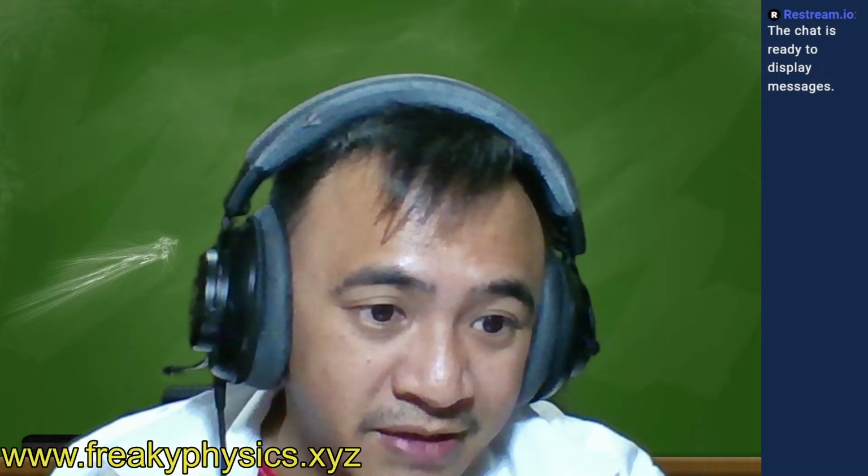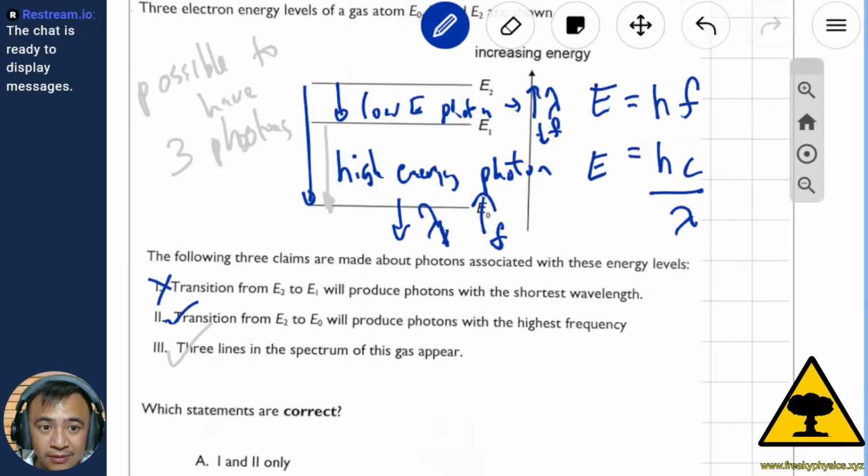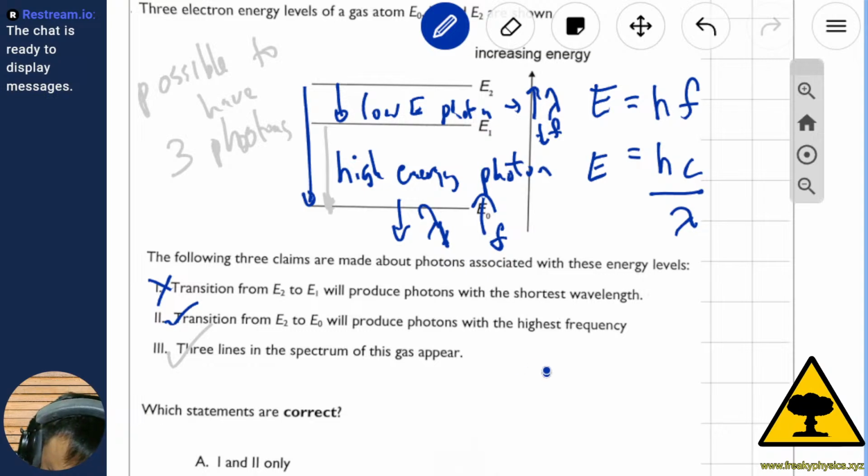Hold on. Actually, no, the other way around. Let's do it in terms of the formula first. Let's go back to the board, and let me share the board with you as well. Remember, the speed of a wave will always be equal to the frequency times the wavelength. I'll use c.